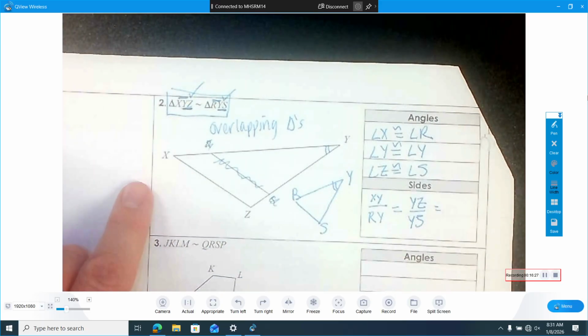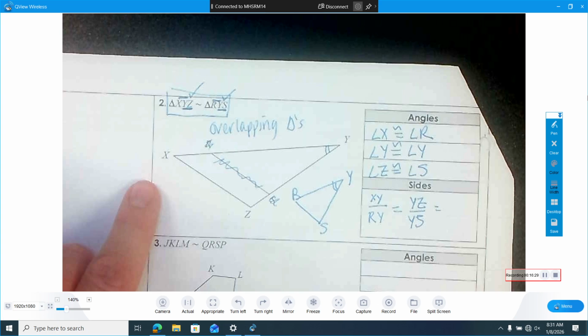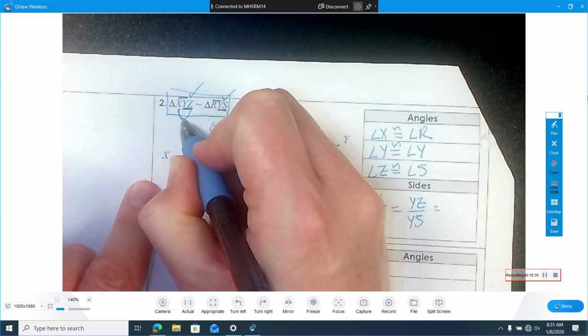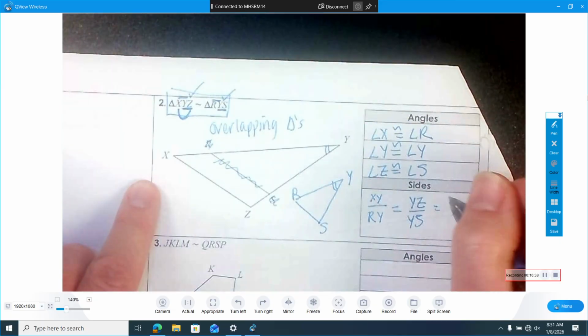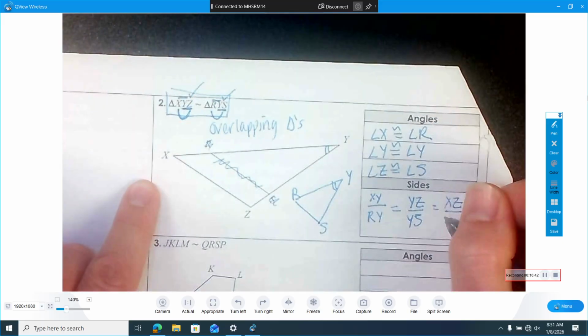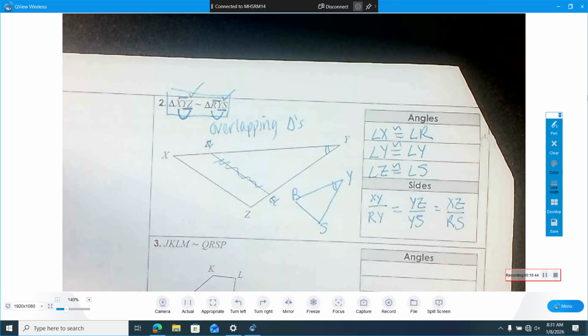And then XZ, the first and last letter, corresponds with RS. All right. So a really good strategy anytime you have overlapping triangles is to separate them and redraw. Makes it a lot better. And those are going to come up a lot.